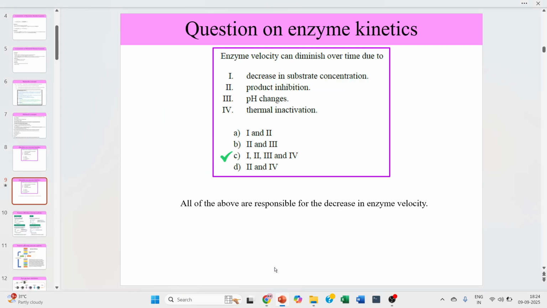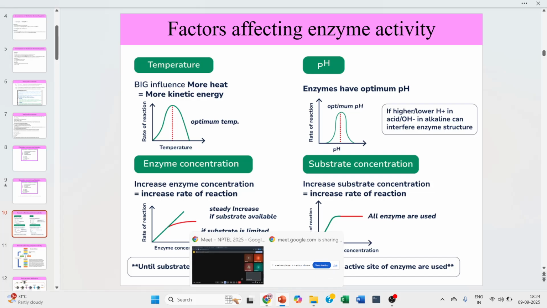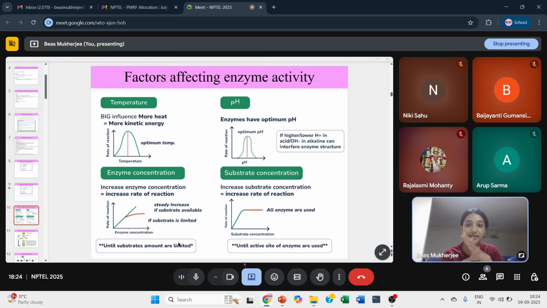Right. Now we will once again take a look at something that we have already discussed in the last class. This is kind of a revision for you. You remember, for temperature, enzyme activity was optimal only at a specific temperature range. Same thing for pH. And why is that so? Because temperature can denature the enzyme, right?